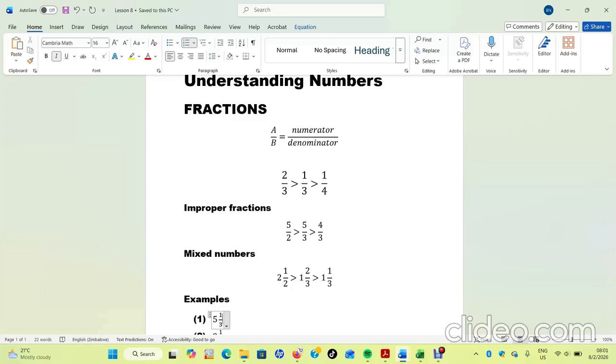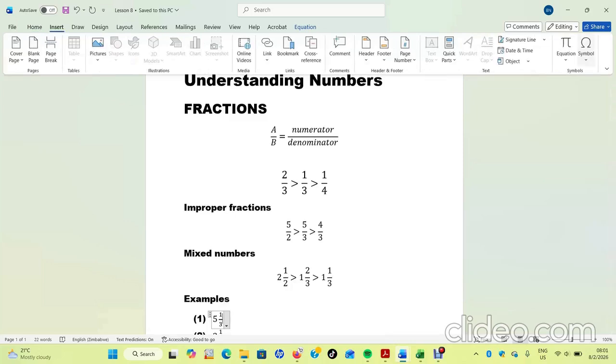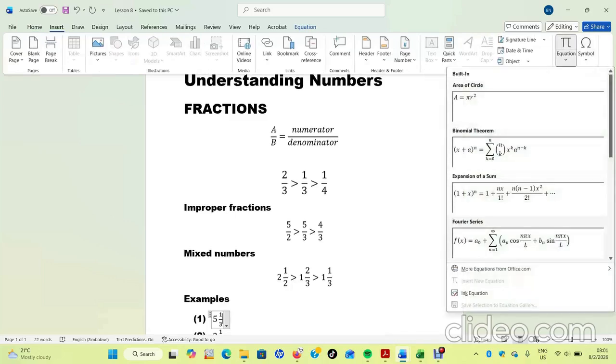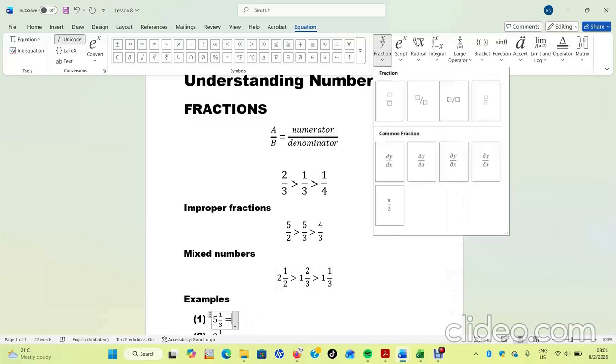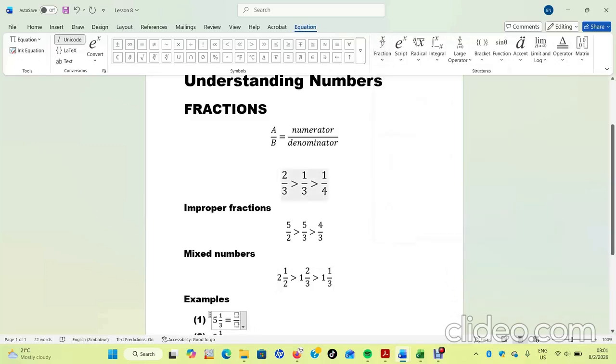Let's take for example 5 and 1/3. How do we convert 5 and 1/3? We can see this is a mixed number. We want to convert it into a fraction, most likely an improper fraction. So we take the natural number, then we multiply it by the denominator, and then add the numerator.